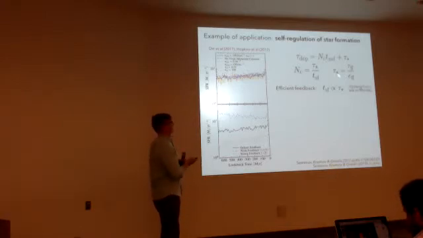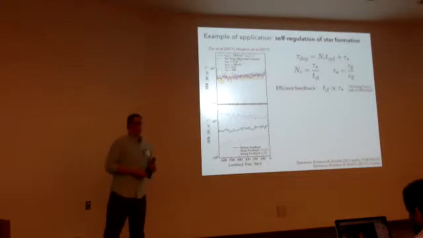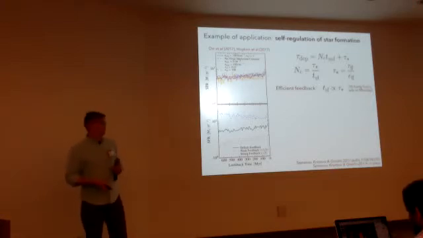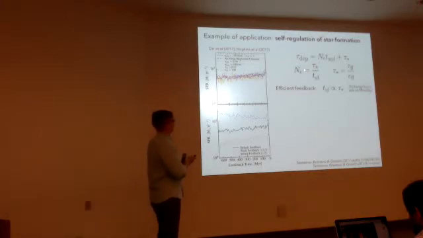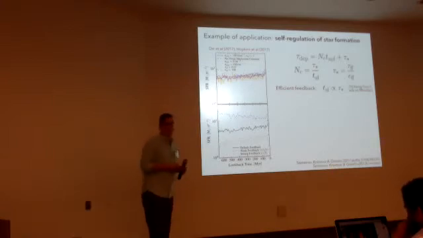As a result, the duration of star-forming stages becomes proportional to the local depletion time of star-forming gas. And this means that in the expression for the total number of cycles, dependence on the efficiency disappears. So now the number of cycles doesn't depend on efficiency.